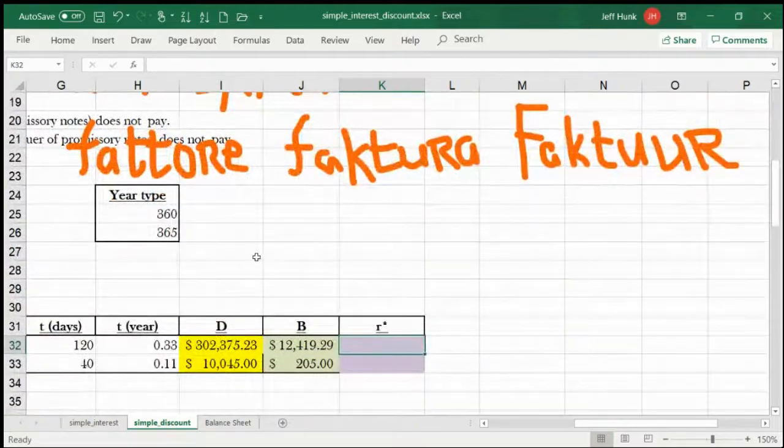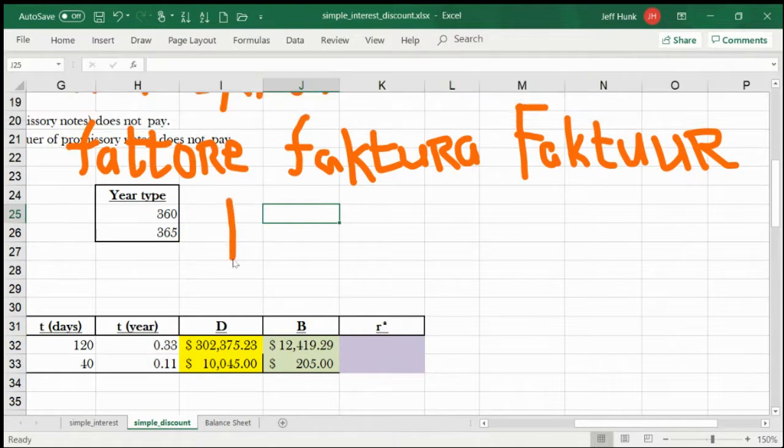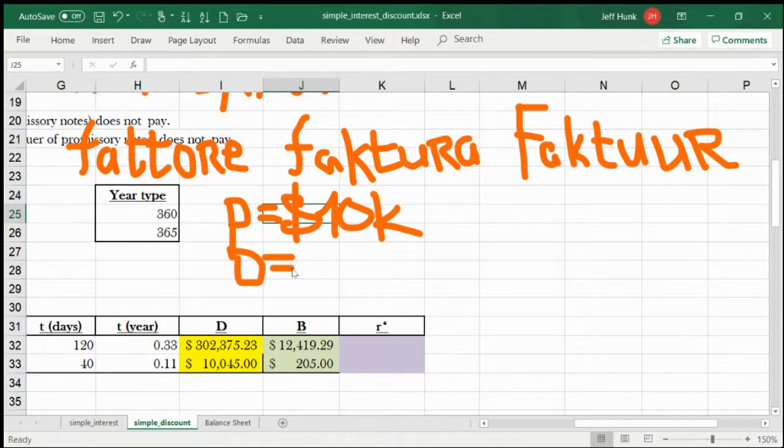Suppose the principal was 10K, and you factored it and you got 9K.